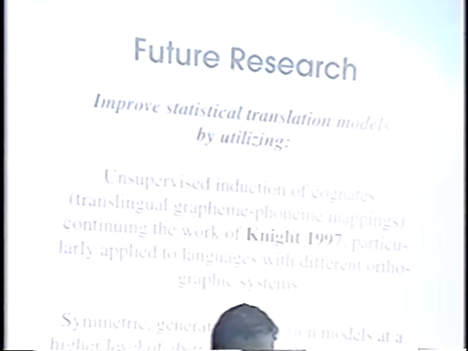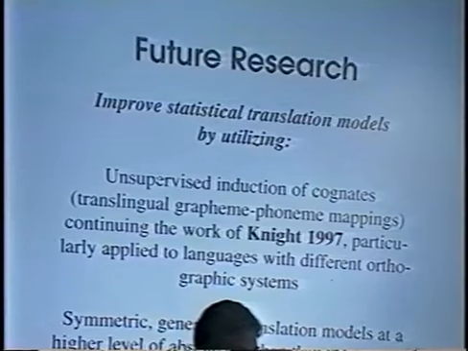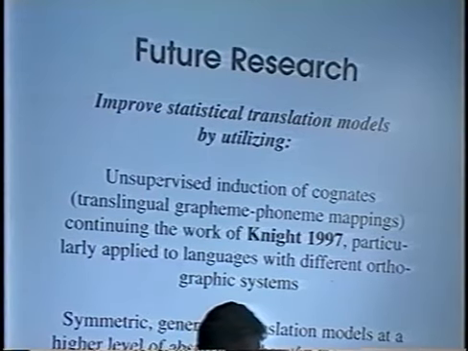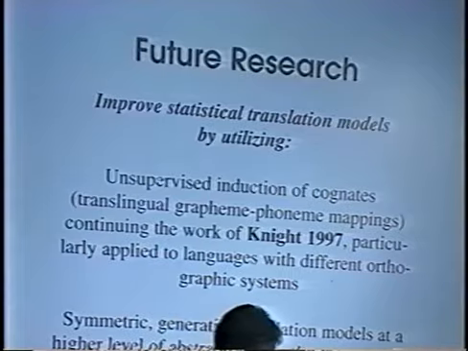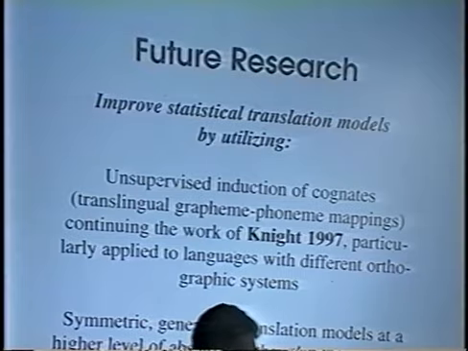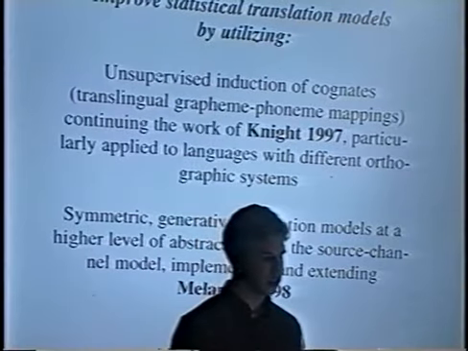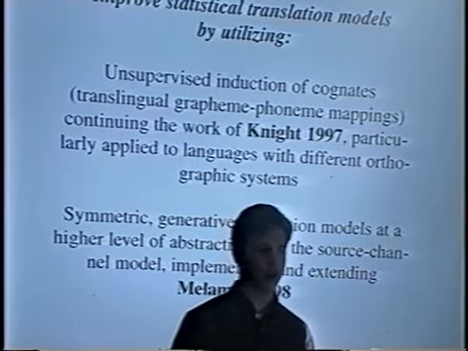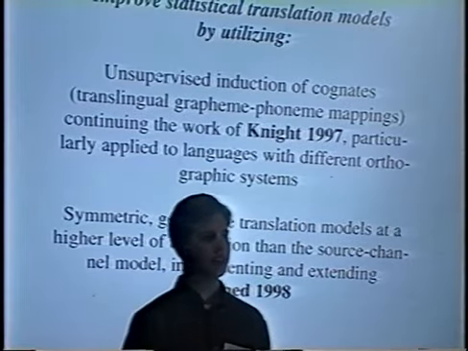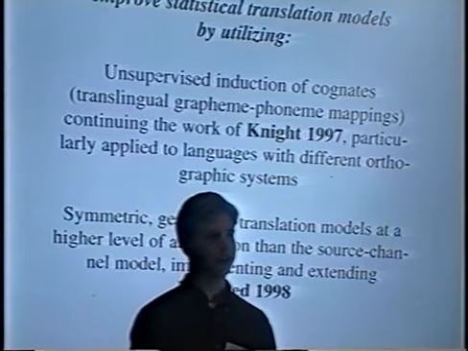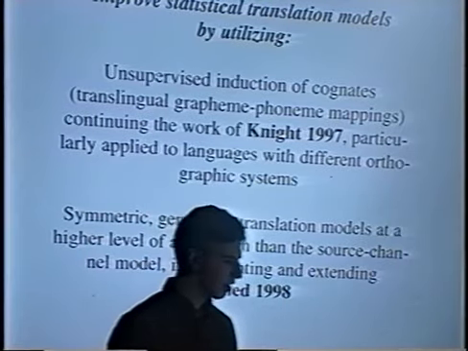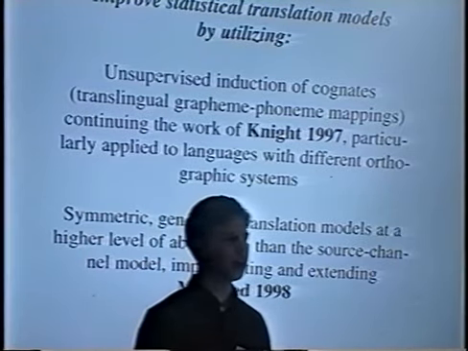First of all, we'd like to explore unsupervised induction of cognates, specifically translingual grapheme-phoneme mappings, continuing the work of Knight, 1997, and we'd like to focus on languages with different orthographic systems. In particular, languages that like to corrupt each other. For example, Japanese and English, or Hindi and English.